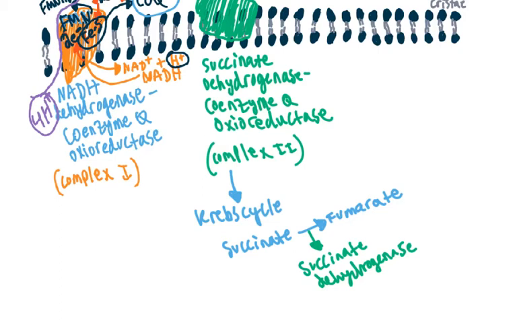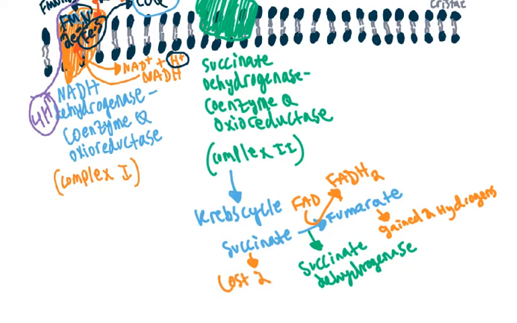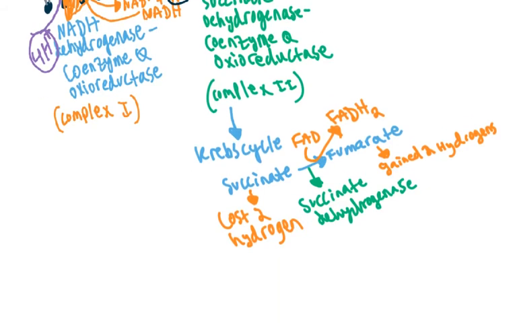We went from FAD, which got reduced and turned into FADH2. If FAD got reduced, something had to get oxidized, and that was succinate, which turned into fumarate. That means succinate lost two hydrogens, and because each hydrogen atom has one electron, it lost two electrons.